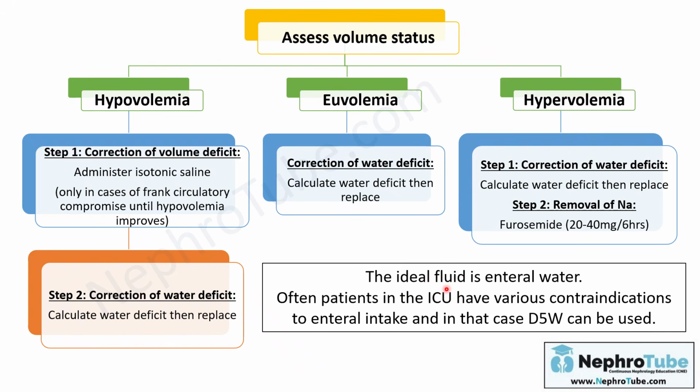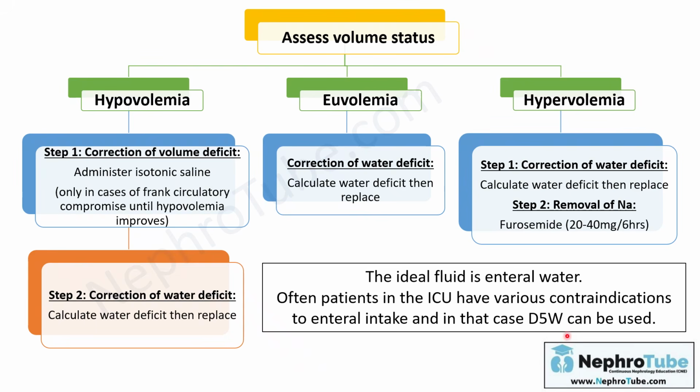The ideal fluid in the management of hypernatremia, as Dr. Hanan mentioned in the chat box, is the tap water. But sometimes the water deficit volume is too large to be replaced by enteral water. So in this situation, for sure, we will need intravenous fluid.